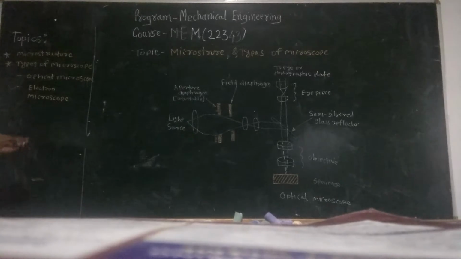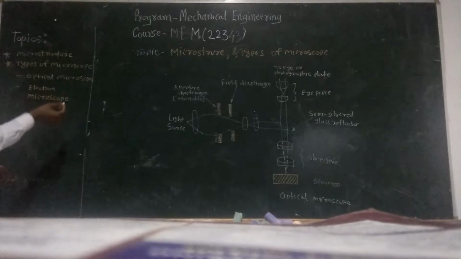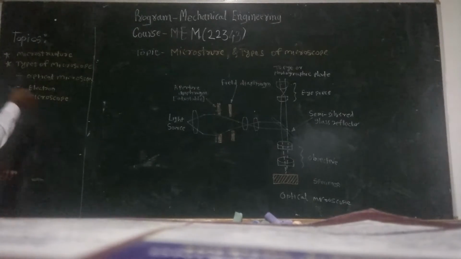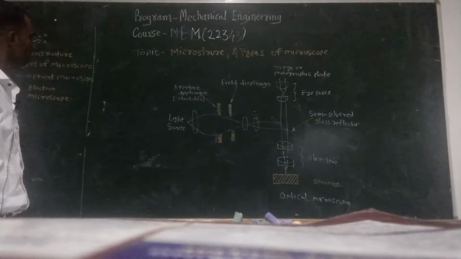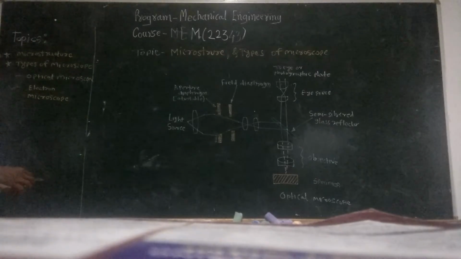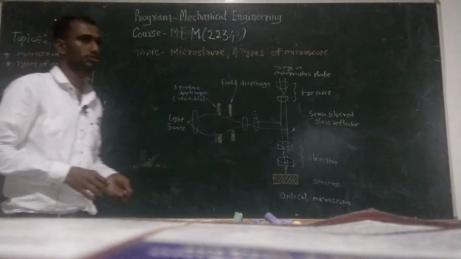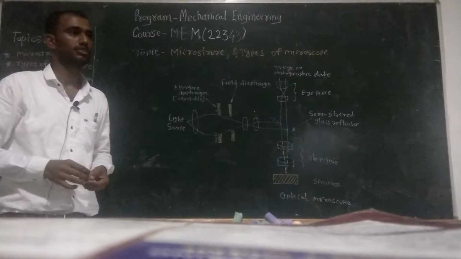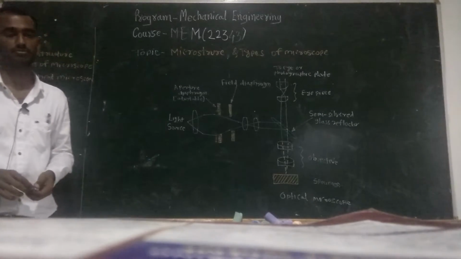Means in this lecture we are going to learn the working of each individual microscope. Okay. Now, before going to see the types of microscope, we have to study the concept of microstructure.